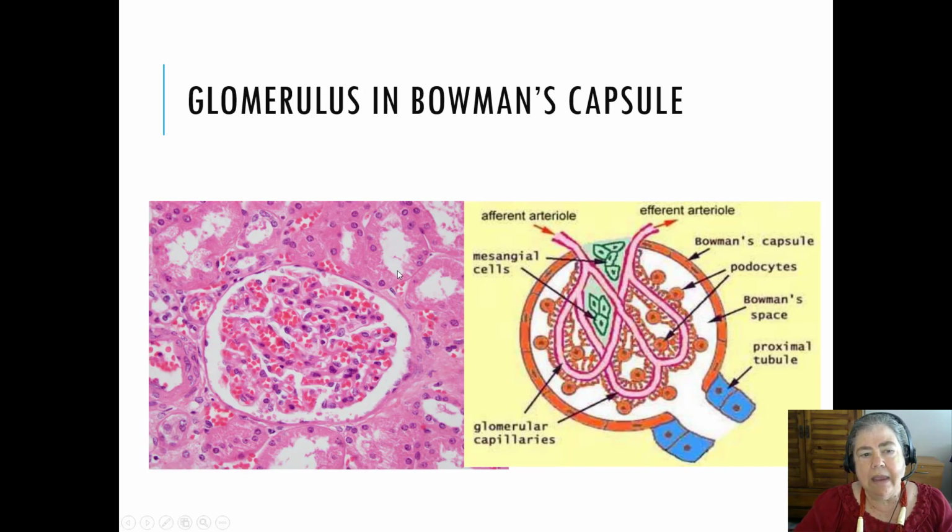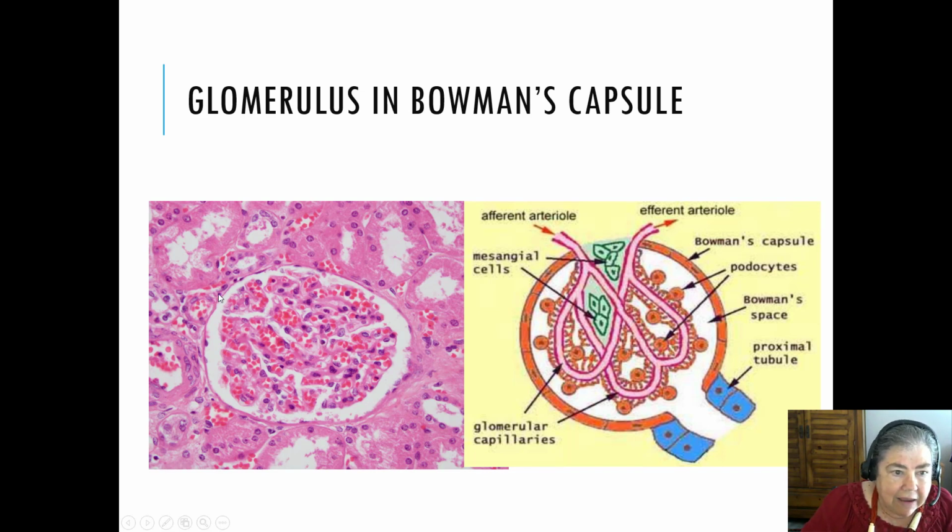And here I have a micrograph and a diagram comparing, showing you this space. So this is a single glomerulus. Within the glomerulus are a number of capillaries, and you can see the red cells in the capillaries. There are also some cells.